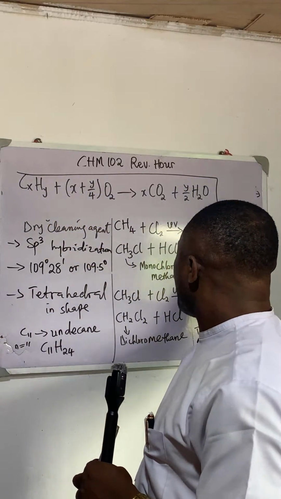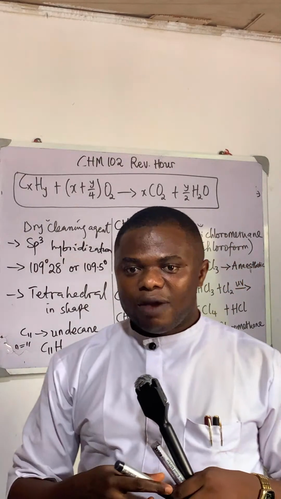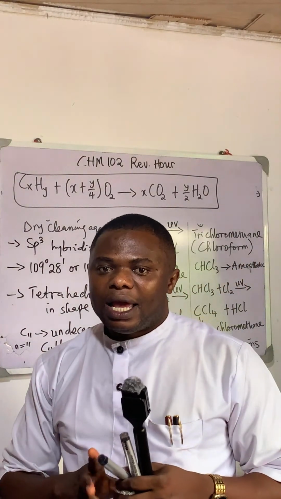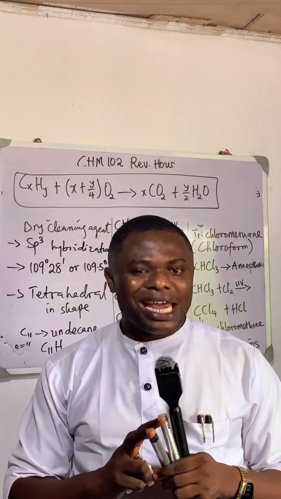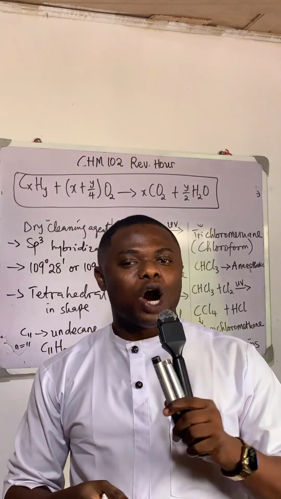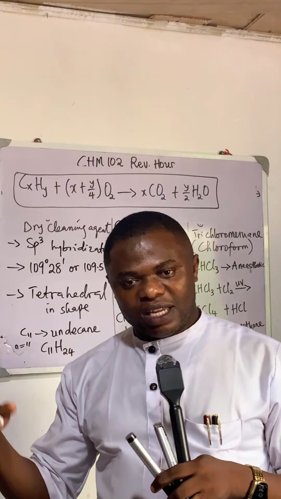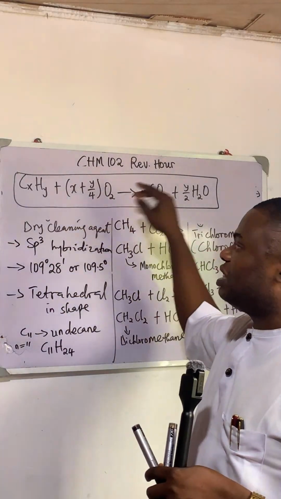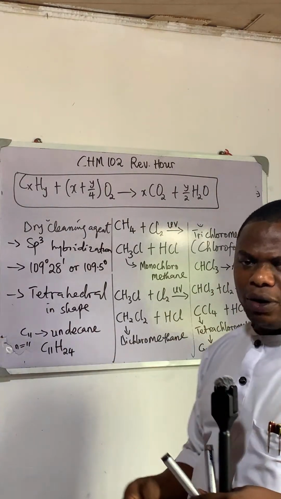Note this, that is the general formula for combustion of all hydrocarbons, be it alkane, alkene, alkyne, or even your aromatic hydrocarbon, which is benzene and benzene-like substances. So far as you are a hydrocarbon, this is the general formula for combustion.